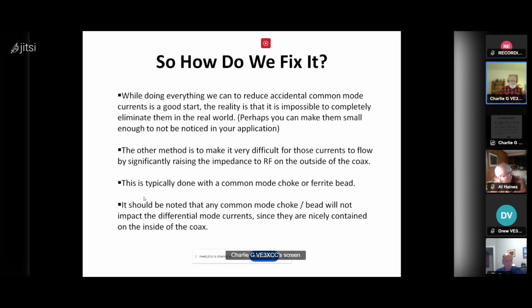And it's worth noting, one of the cool things about coax is that anything we do to impact those common mode currents is not going to impact the differential mode currents of our signal inside the coax. Those are nicely contained on the inside of the coax, and the things we do on the outside don't impact those at all. So that's one of the nice advantages of coax for us.